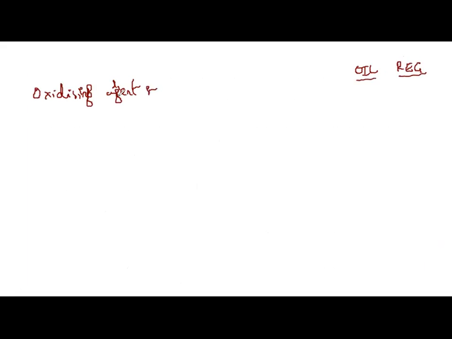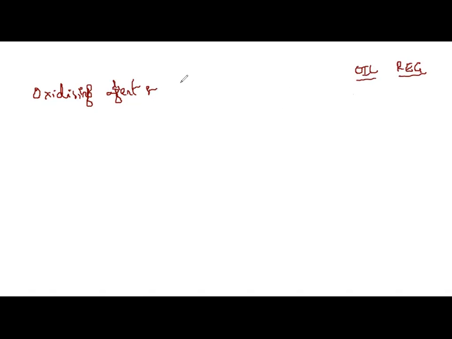Oxidizing agent means it should help the substance to undergo oxidation, yes or no? So oxidation is loss of electrons. That means the oxidizing agent helps the substance to lose electrons. So how does it help the substance to lose electrons? It will take the electrons from the substance.